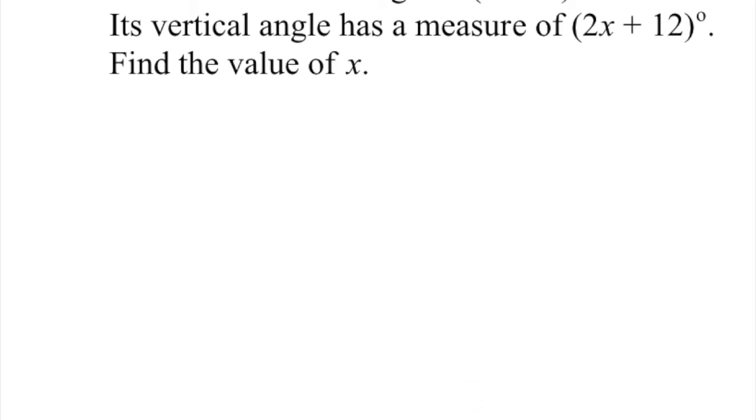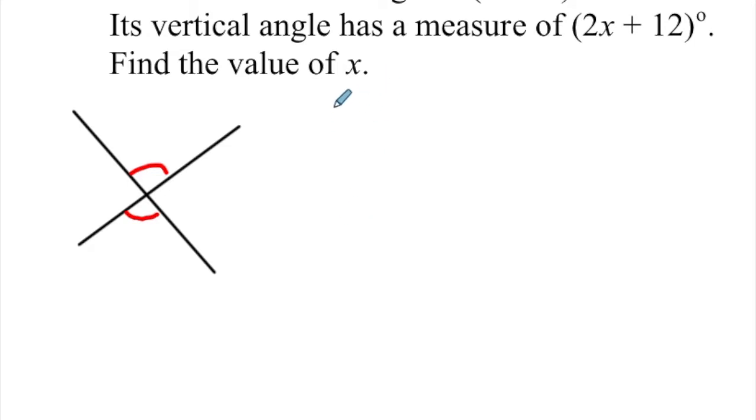When we talk about vertical angles, we are talking about having two lines or two line segments intersect with one another. And then the angles that are opposite each other are called vertical angles. So this angle and this angle would be vertical angles. When you have vertical angles, they are equal to one another.